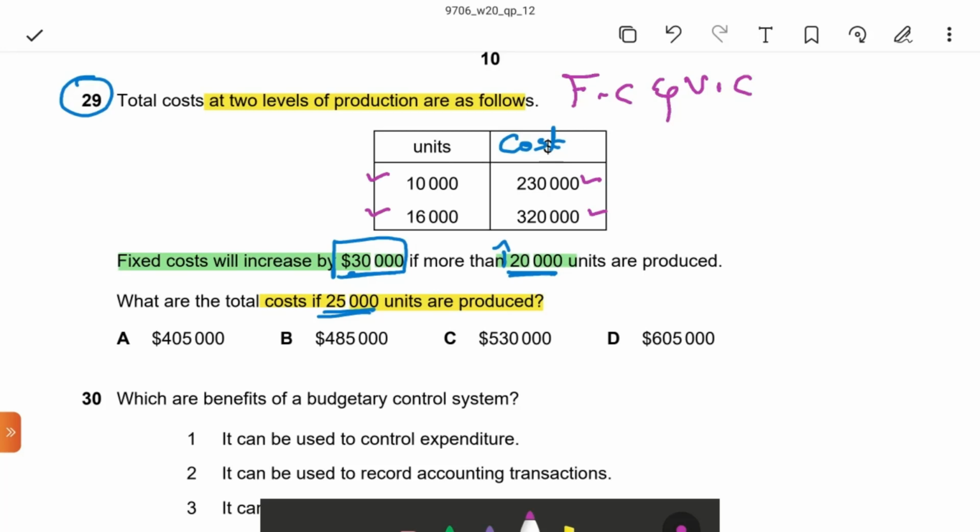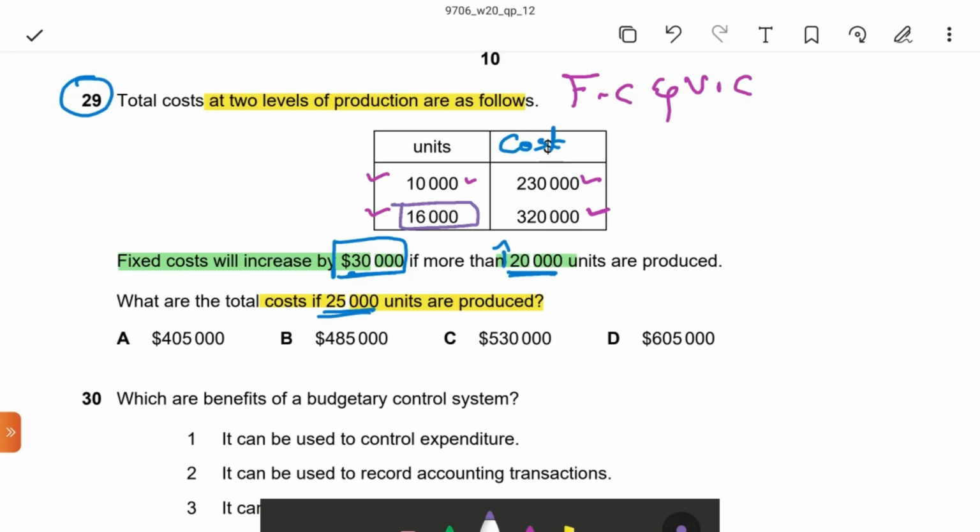To produce 10,000 units the cost is 230,000, while to produce 16,000 units it is 320,000. So the extra amount to produce an extra 6,000 units, when it goes from 10,000 to 16,000, will be our variable cost.